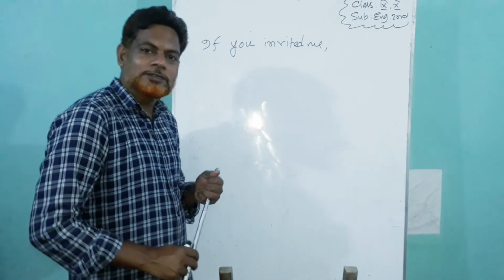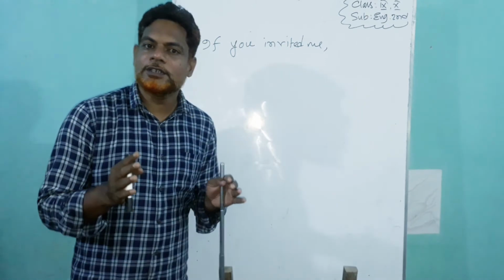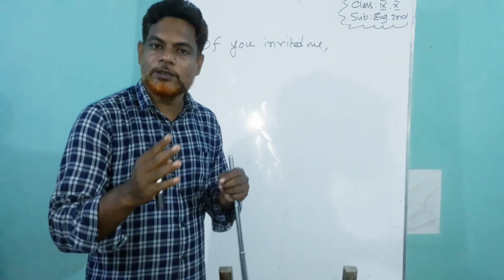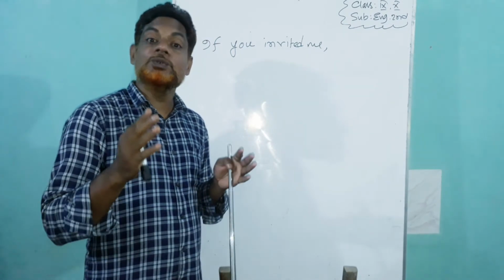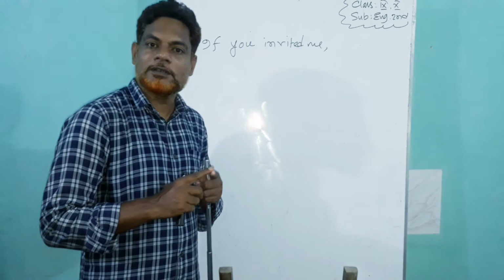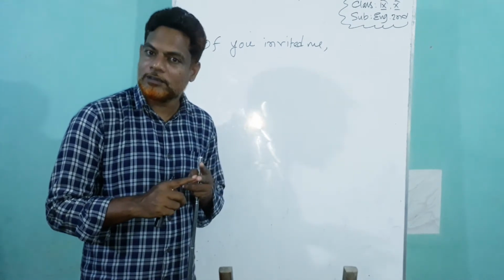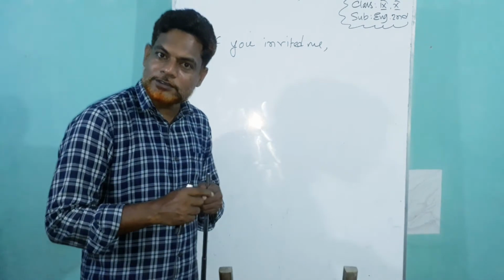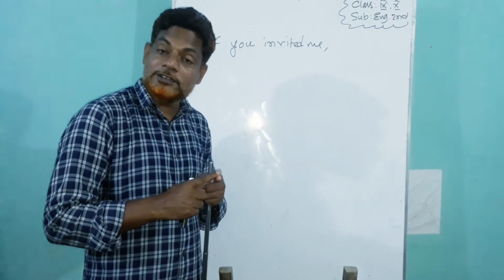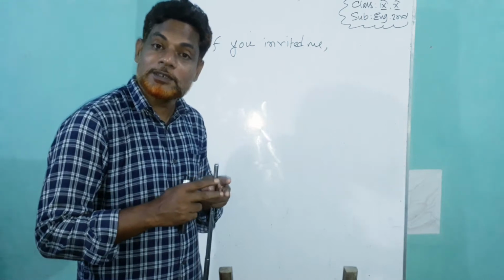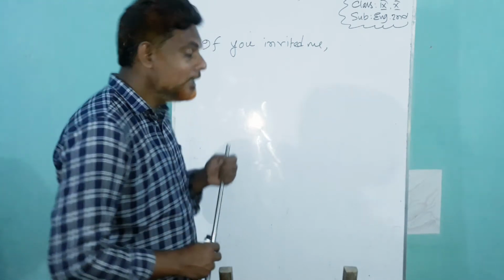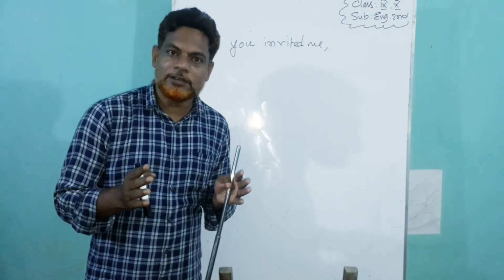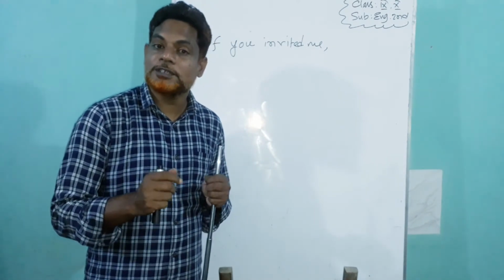So if there is a second condition in the subordinate clause, what should be written in the principal clause? We know in a complex sentence there are two clauses. One is the principal clause and the other is the subordinate clause. If the principal clause is available, we have to write the subordinate clause, and if the subordinate clause is available, we have to write the principal clause to complete a sentence. You can see, if you invited me, this is a subordinate clause, we have to write a principal clause.